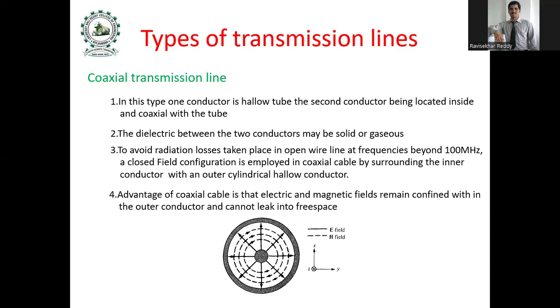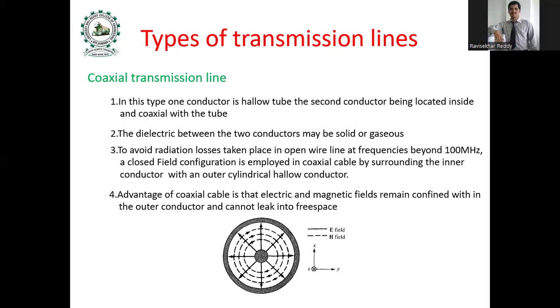Next, coming to the coaxial transmission line. The coaxial transmission line is also a combination of two conductors. In this type, one conductor is a tube, with the second conductor located inside and coaxial with the tube. The dielectric between the two conductors may be solid or gas.